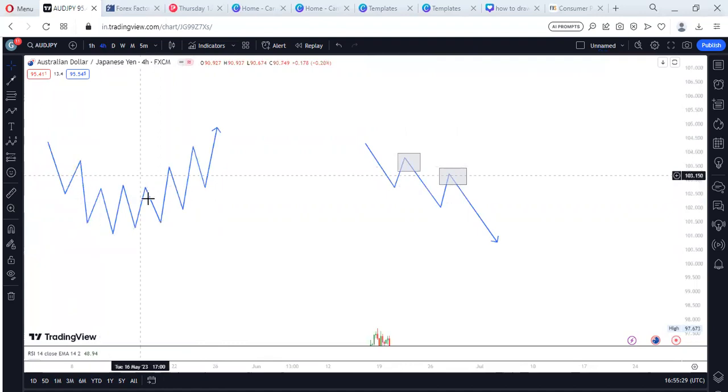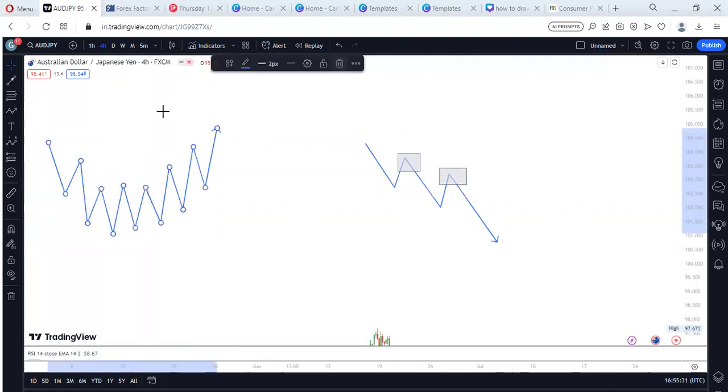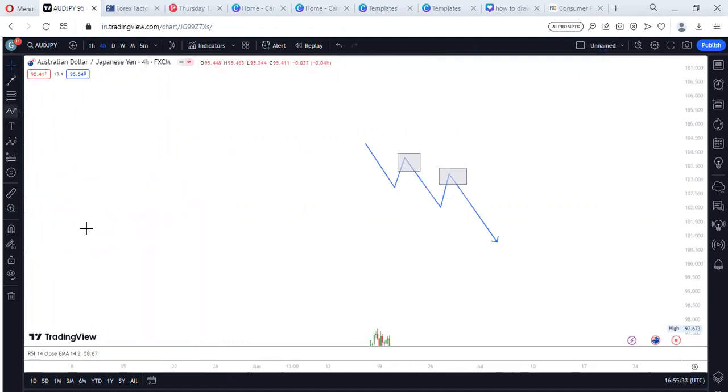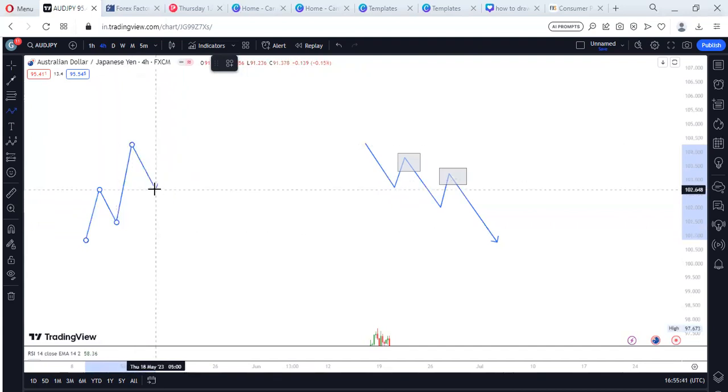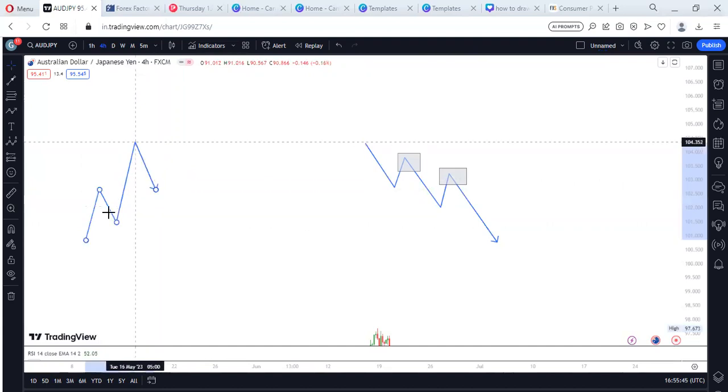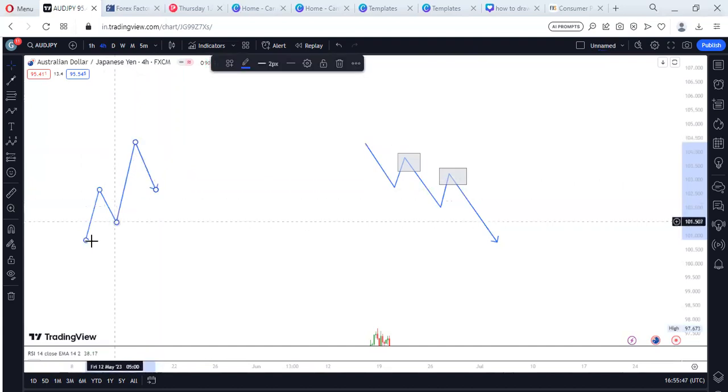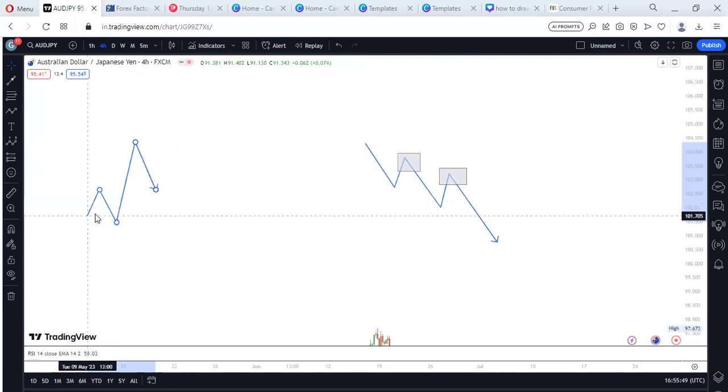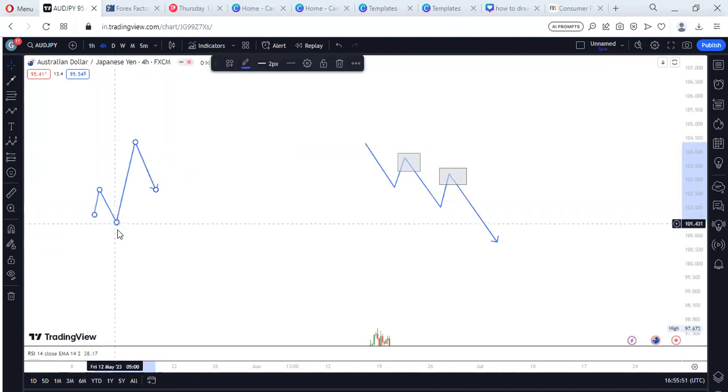Let's take for instance that the market is going upwards like this. Let's make this clear. So like we said, you need a minimum of what? Two. So this is what? One. Let's forget about this. Let's take this for instance from here. So let's take this as one, and this is what?